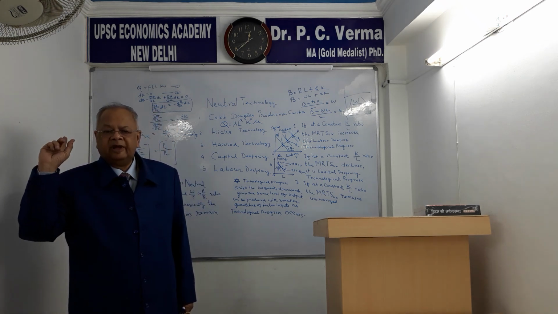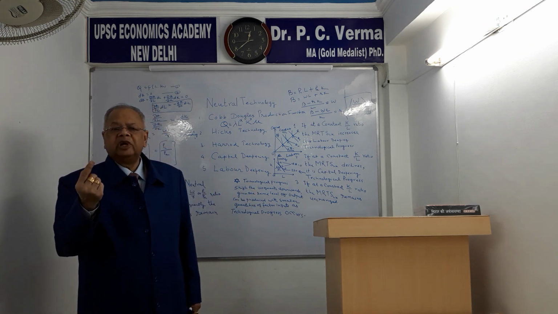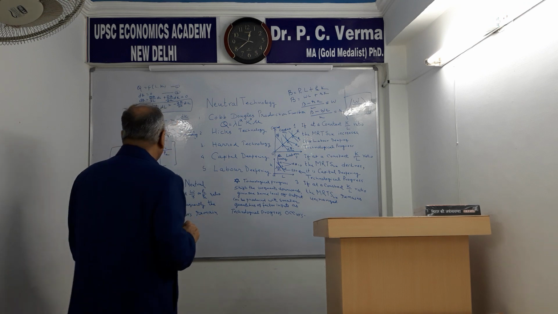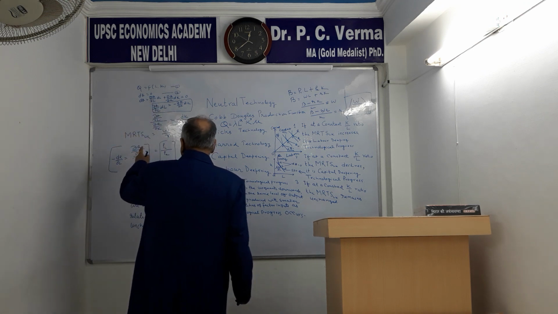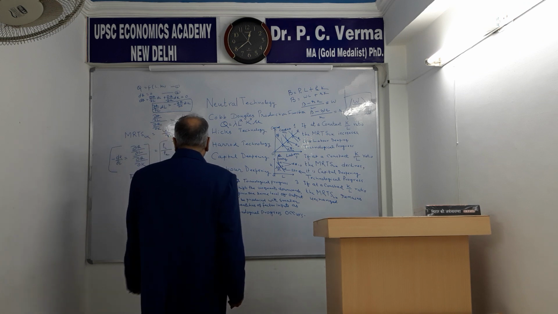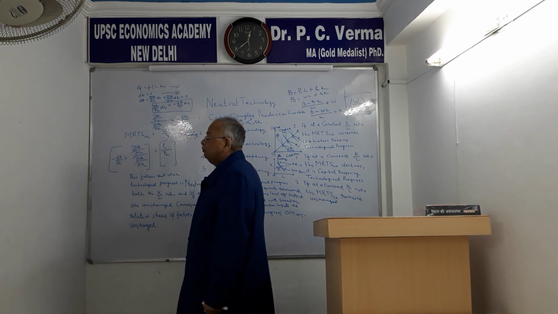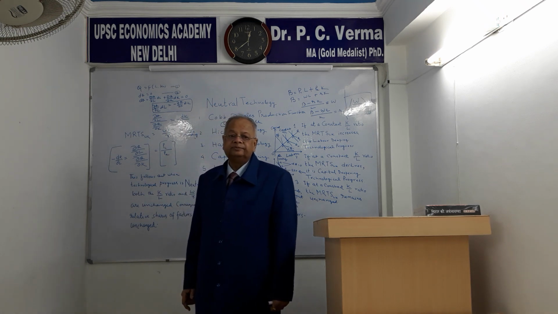We have proved by diagram, we have proved by equation, and we have to take only this term, MRTS. So MRTS LK is equal to W by R. This is known as producer's equilibrium.